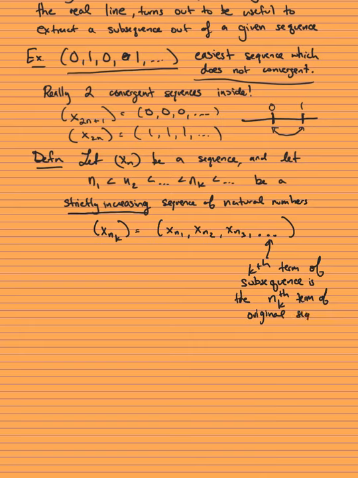And the power here is that there is a lot of flexibility, right? If you have a sequence, there are a lot of subsequences of it, so there's a lot of information here. This is called a subsequence of the x_n's.